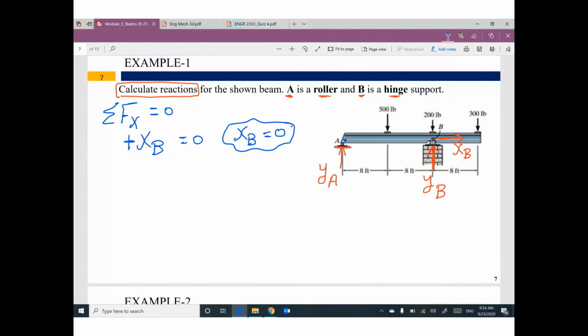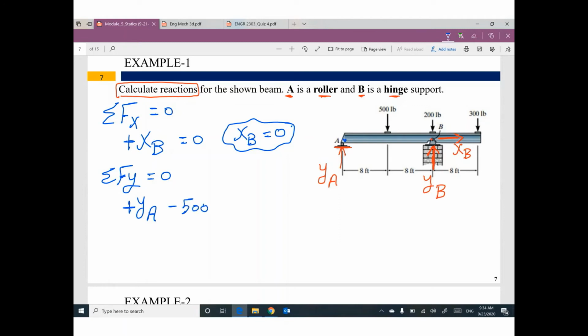Summation of all y forces equals 0. All forces in the y direction, the summation of all these forces equals 0. So we have positive YA. We have negative 500.